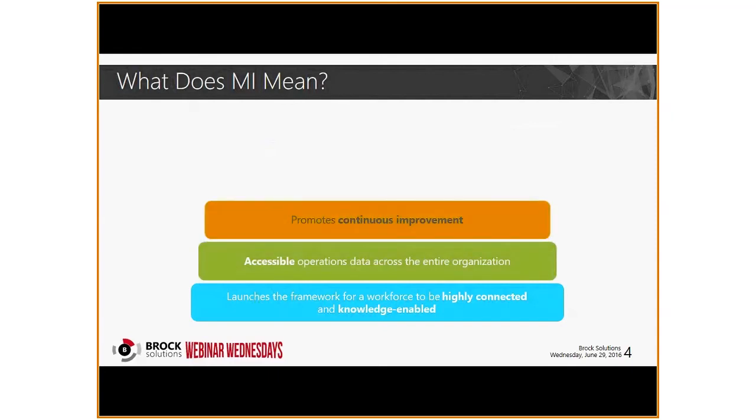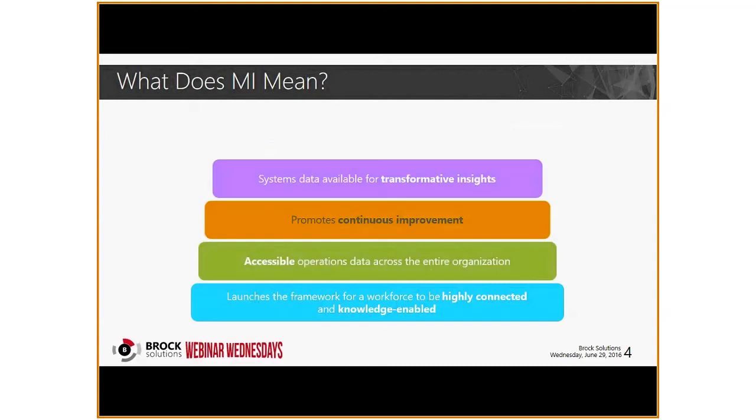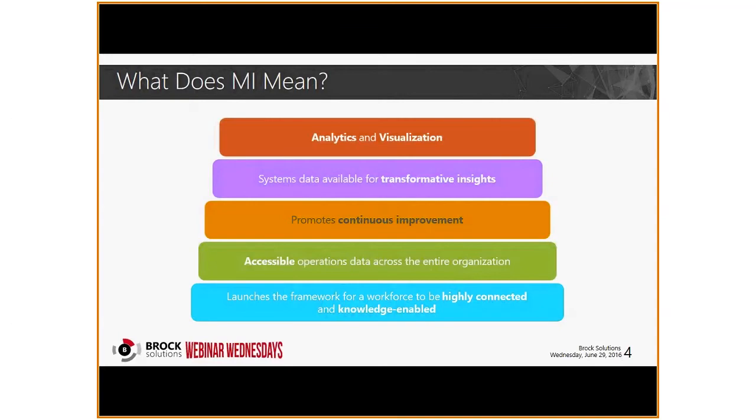The retrieval of historical data from assets, systems, and plants to garner continuous improvement. Real-time insights and advanced analytics to generate transformative insights. And ultimately, the goal is to provide consistent reporting and tracking of production data.